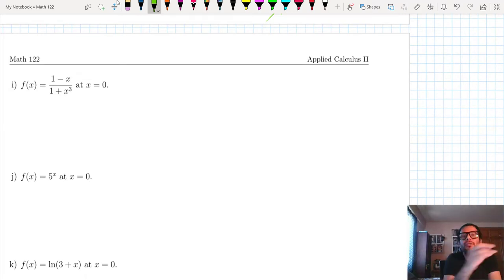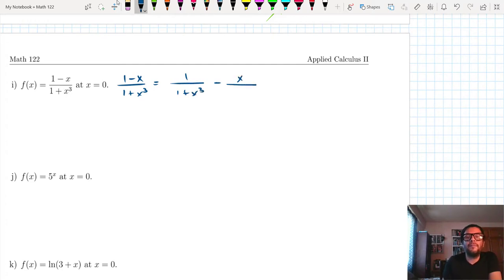So in this case, I'm going to split this, 1 minus x over 1 plus x cubed, as 1 over 1 plus x cubed minus x over 1 plus x cubed.